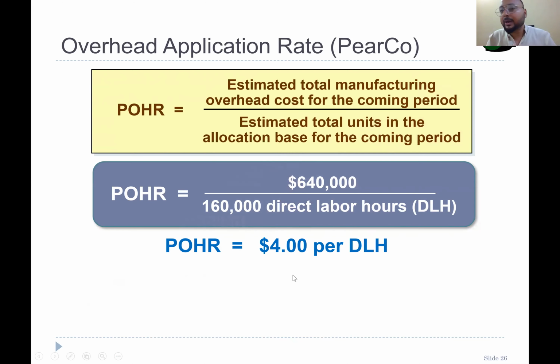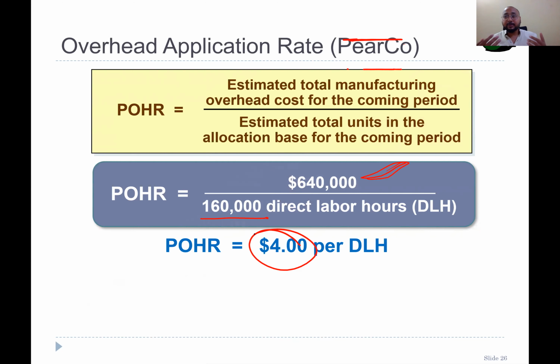So in order to find the POHR of the company, the company estimated that their yearly manufacturing overhead is 640,000 based on 160,000 direct labor hours. So per direct labor hour is 4.